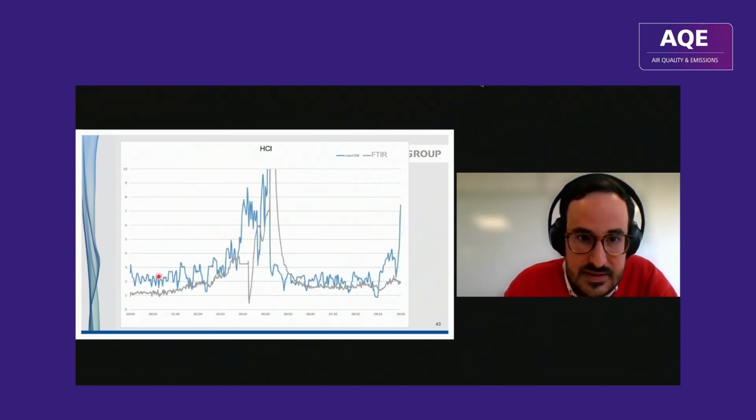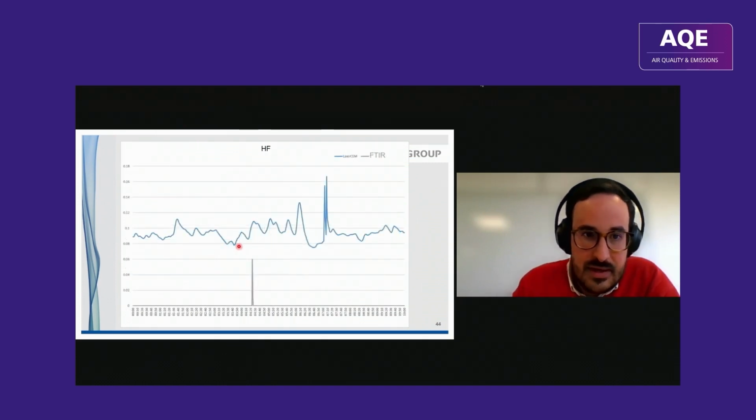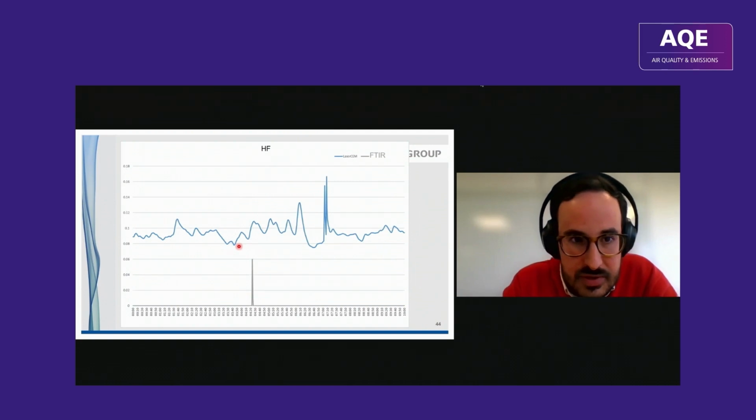Other values with HCl, and what will be interesting is the HF value. This is really why we try to certify a very low range for HF.